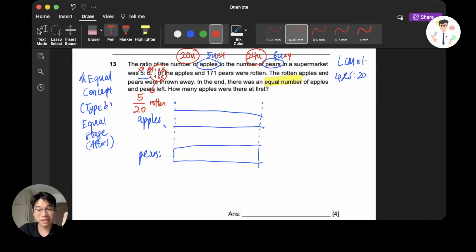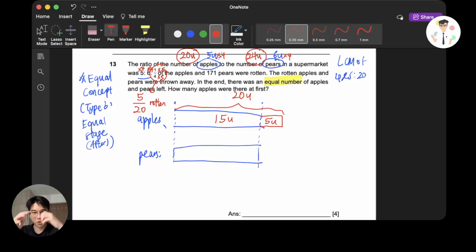That basically means that at first I have 20 units and I throw away 5 units, and after I throw away that 5 units, I'm left with 15 units.